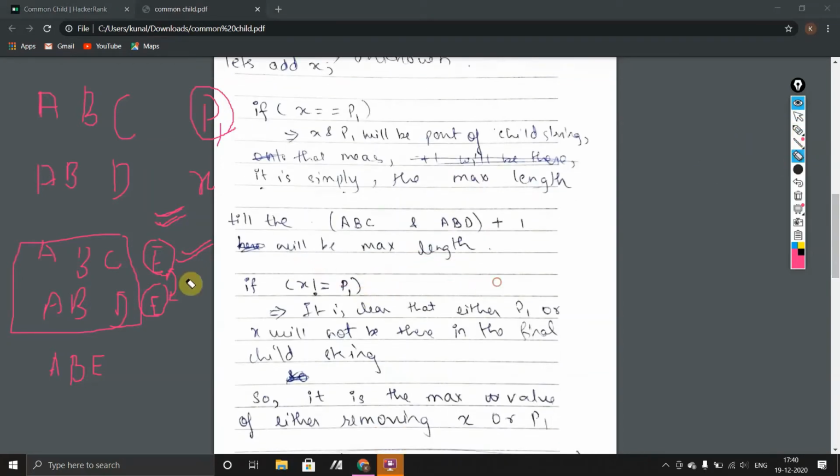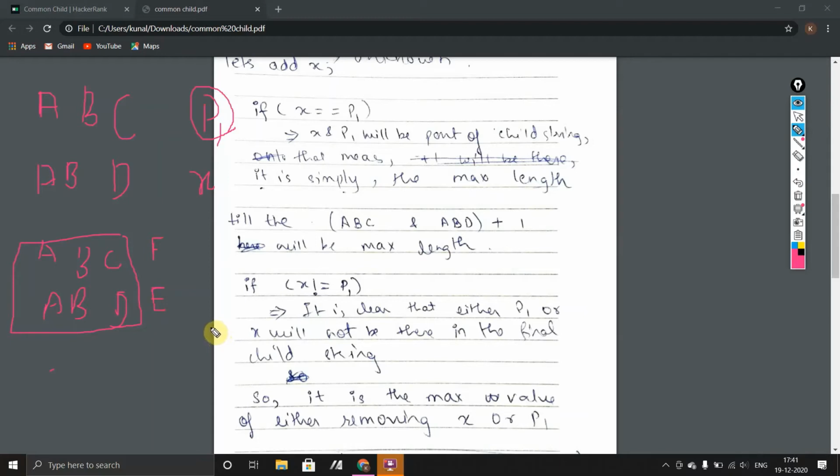So let's say that in this case x and p1 are not equal. Now what will happen? Okay, I'll just take an example. I'll just get a smaller string. Here, F comes and E comes, correct?